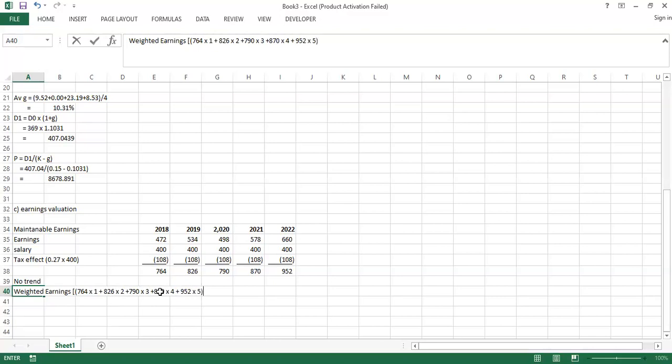Dividing that by 5 plus 4 is 9, 9 plus 3 is 12, 12 plus 2, 14, 14 plus 1, 15. Let me put it in writing. So you are dividing that by 1 plus 2 plus 3 plus 4 plus 5. Simple.